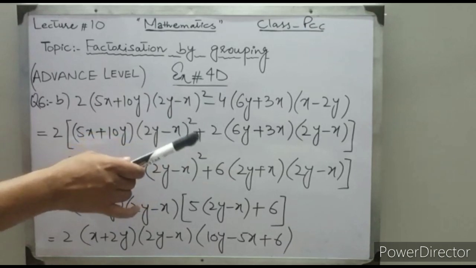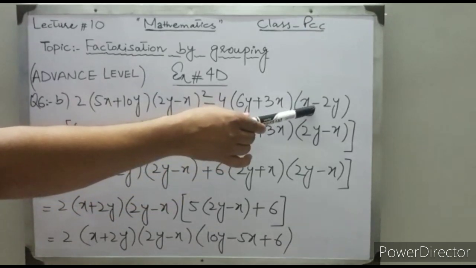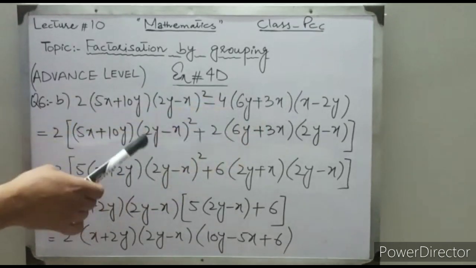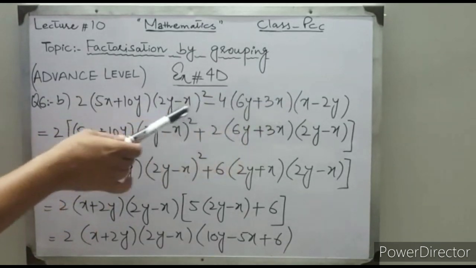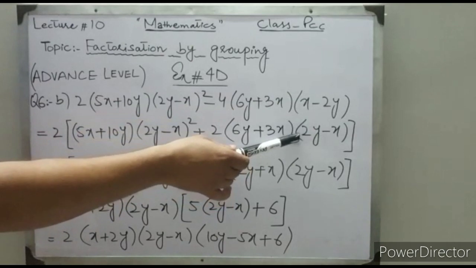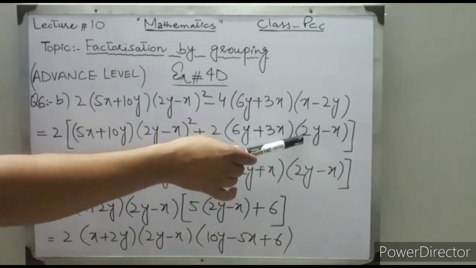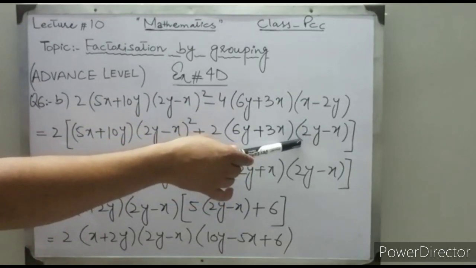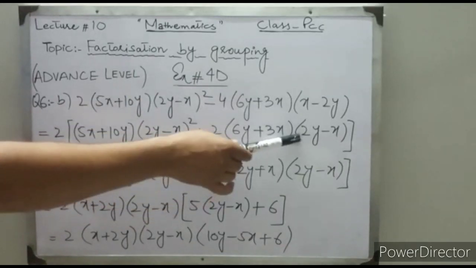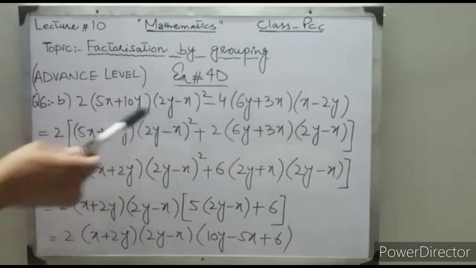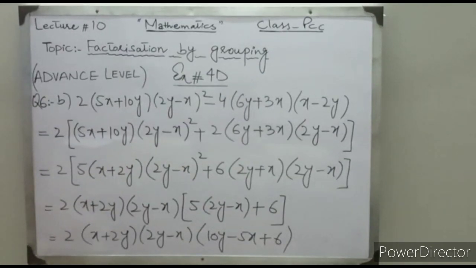Students, we have to take minus common in this factor because in such a way these two factors will be same. In the next step we take minus common in this factor, so there will be a positive sign. Now these two factors are same. We may take easily common this factor.